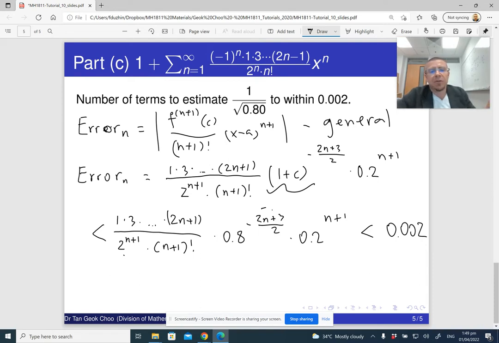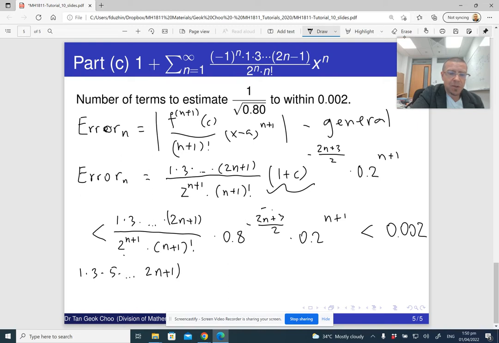Well, basically, we've got to just try these and see for which n this inequality is actually true. Maybe let me show you how to do this in the Desmos Calculator. There is a little trick that I think will help. So 1 times 3 times 5 times and so on up to 2n plus 1 is the product of odd numbers.